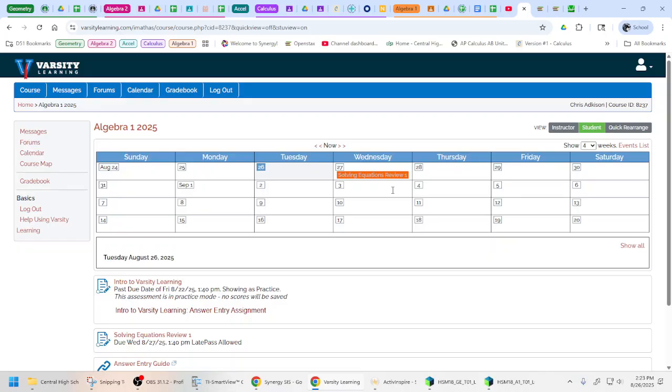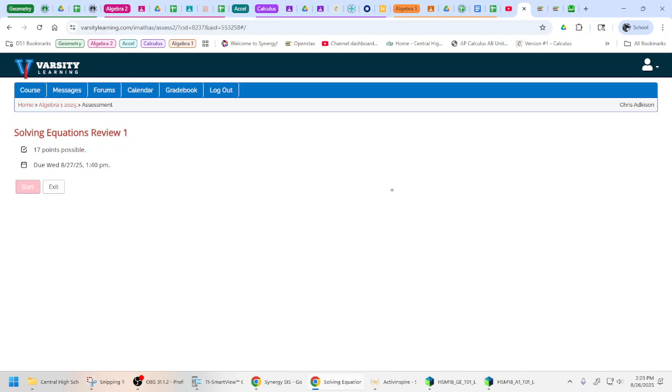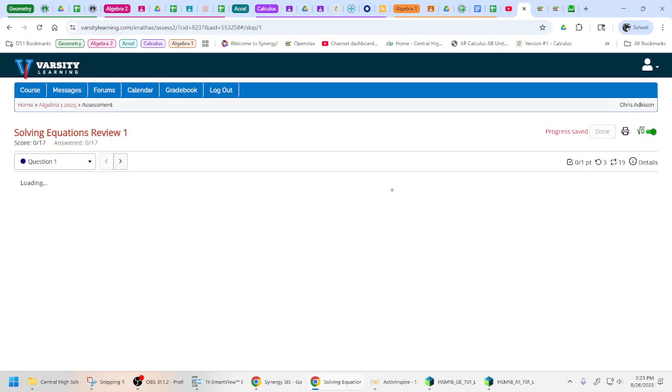Probably pretty soon it will be turning red. You click on it, and it brings it up down here. Then you click on the title, and it takes you to the little review. And so hit start. I know it looks grayed out, but you can hit start. And then go through and solve these equations for a review. And I will put that in as your review grade.